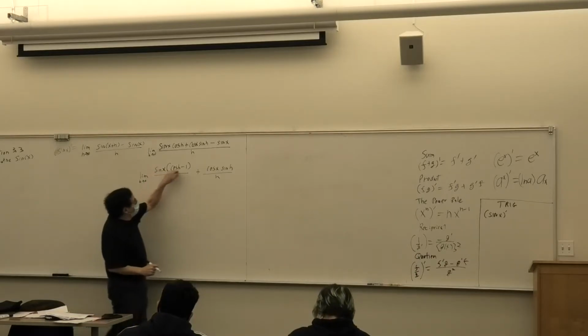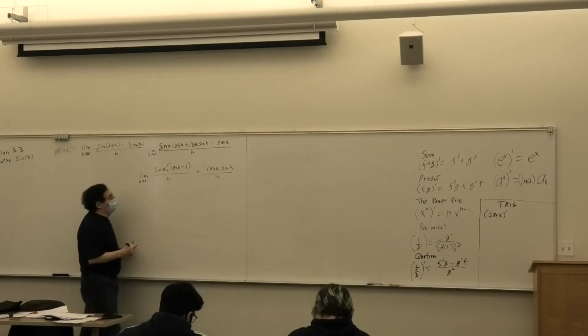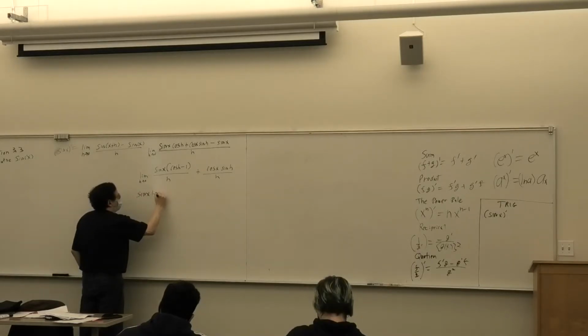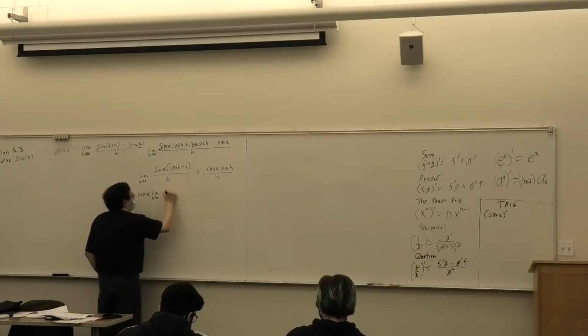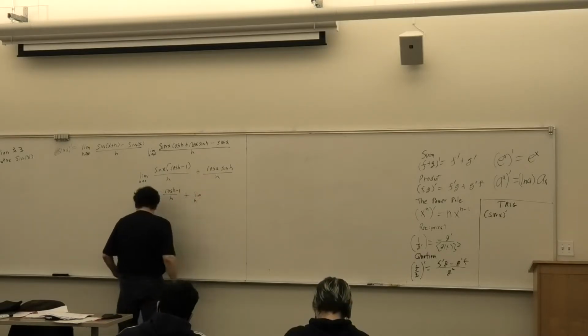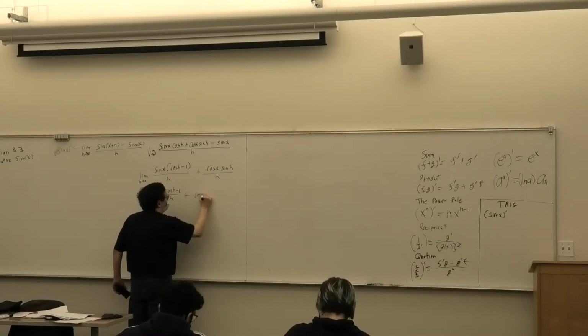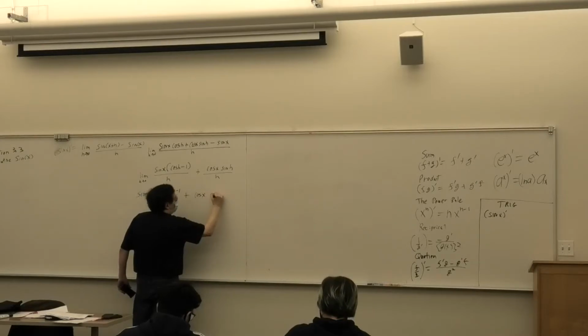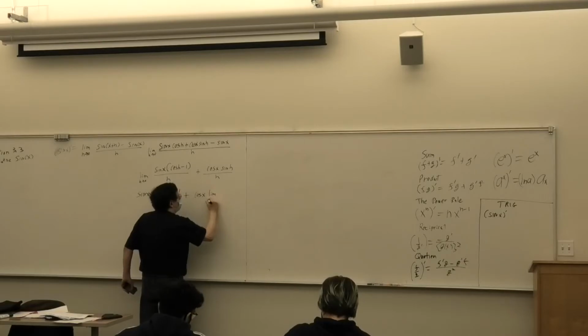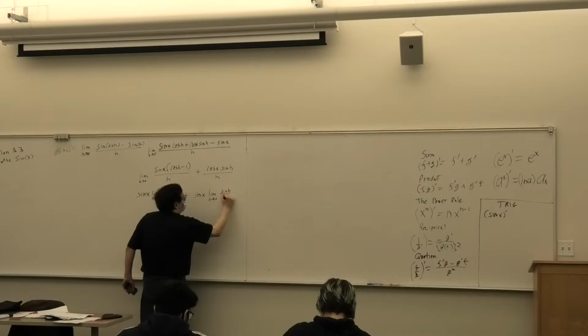And since sine of x and cosine of x don't have an h in them, we could rewrite this as sine of x times the limit as h approaches 0 of cosine h minus 1 over h, plus, taking out cosine of x, the limit as h approaches 0 of sine h over h.